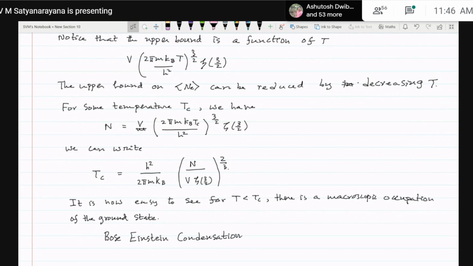This is a kind of phase transition from ideal Bose gas to Bose-Einstein condensation.